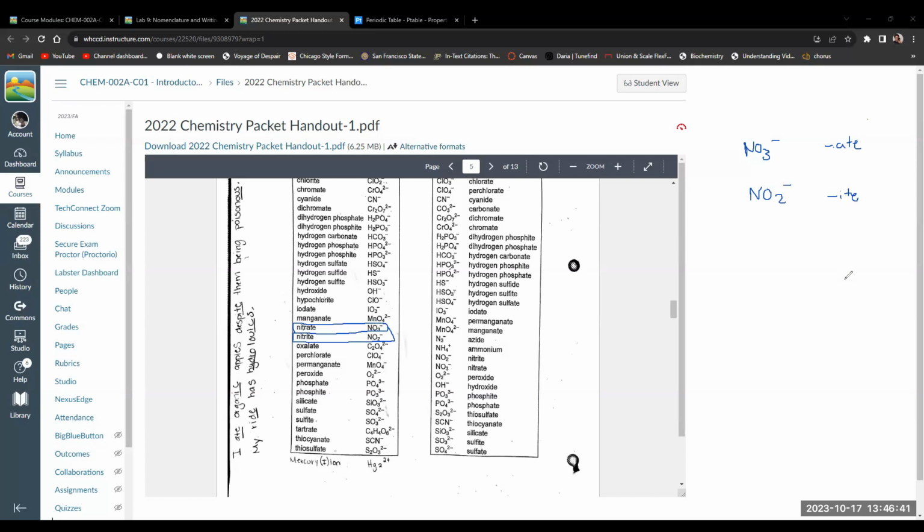However, we can go a step further than this. If we lose an additional oxygen, that means we're adding the prefix of hypo and keeping the same suffix of ITE.